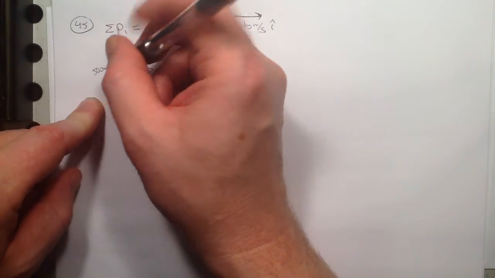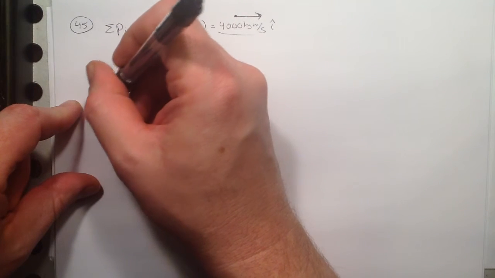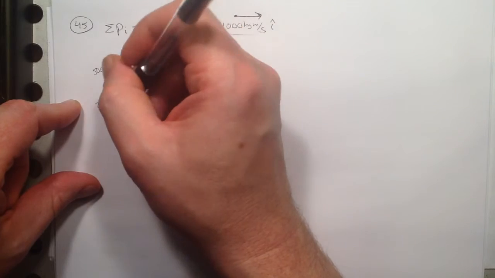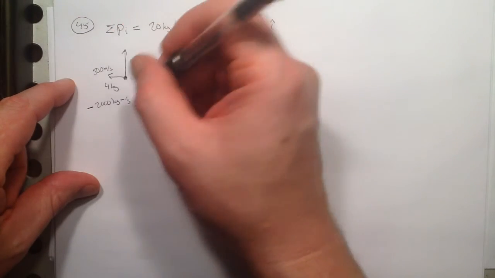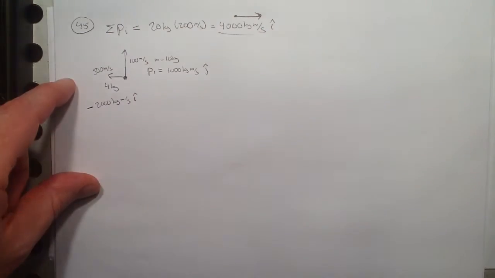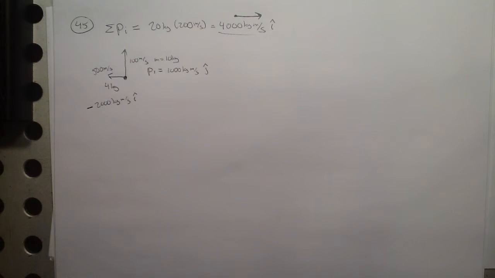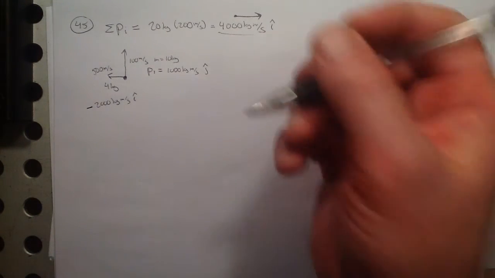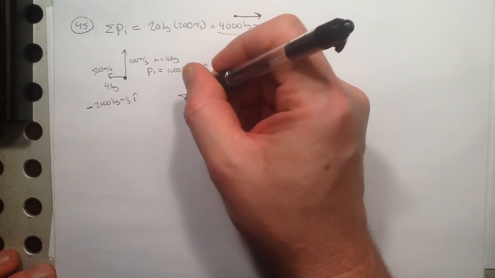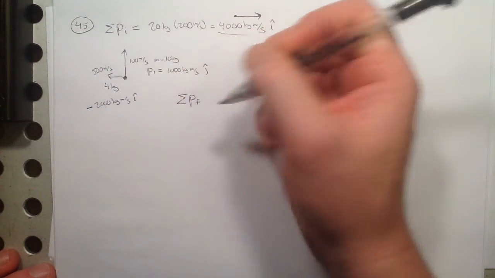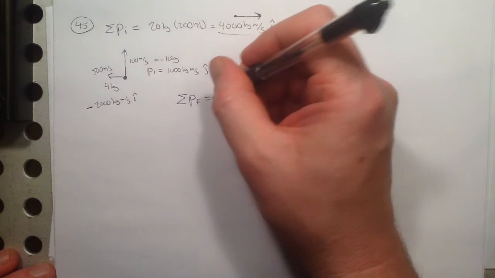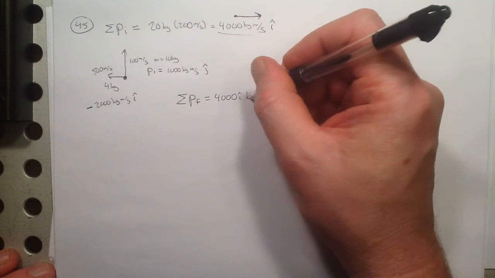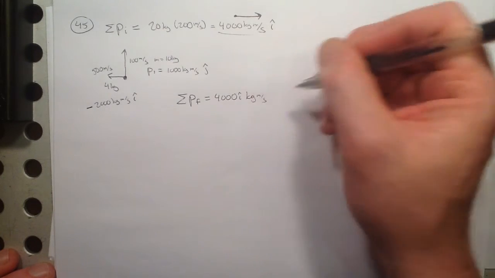And then this, I have 2,000 kilogram meters per second in the negative i direction. And what I know is that the total has to still add up to this, so the sum of the momentums of all the pieces still has to be equal to 4,000 i kilogram meters per second.